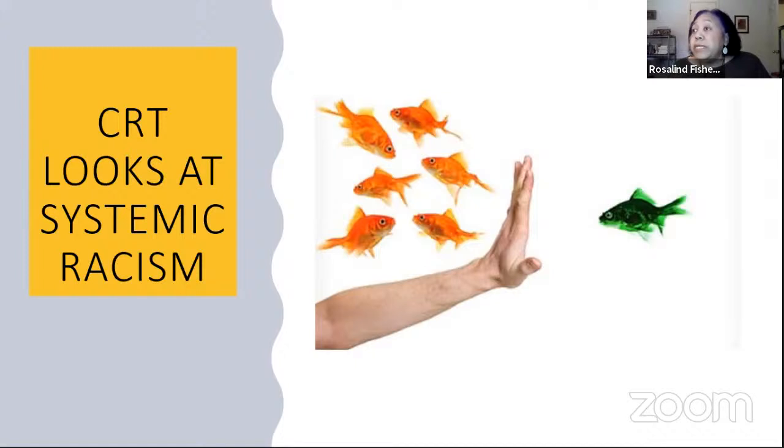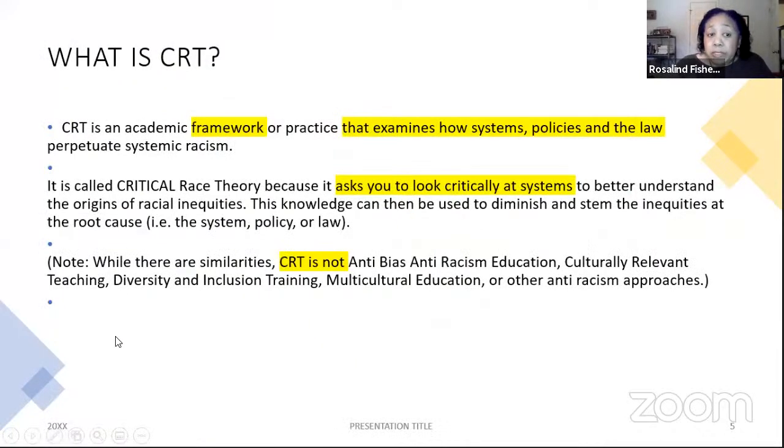CRT scholars focus on the relationship between race, racism, and power in society. The first tenet of CRT holds that racism is so deeply woven into the social fabric of the US that it's not deviant; instead, it's normal. It's the normal order of business. And that is disturbing to people.